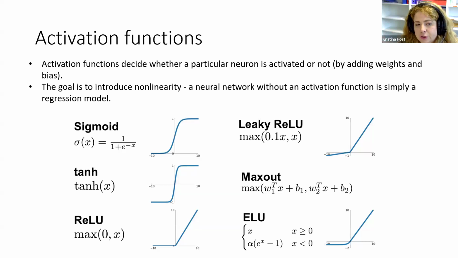We have to use an activation function because we have to introduce nonlinearity; if not, it will be just a regression model. You can see here the most famous ones. We will use this one called ReLU, that is 0 if negative, and if positive, it increases.